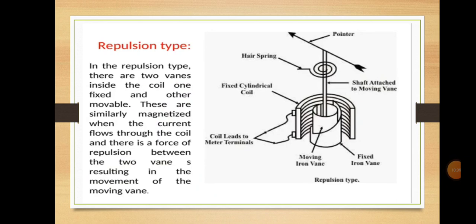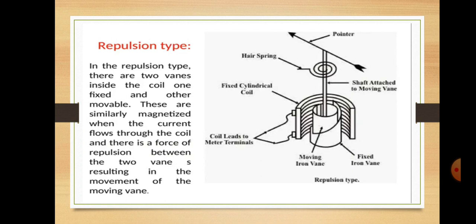Now the second type is the repulsion type. Here you can see the diagram of the repulsion type MI instrument. In the repulsion type there are two vanes inside the coil. As in this diagram we can see the two vanes: the first one is the moving iron vane and the second is the fixed iron vane.